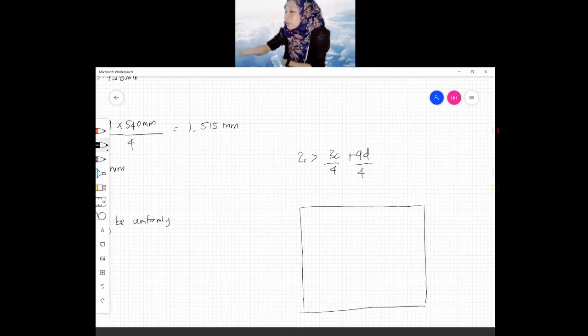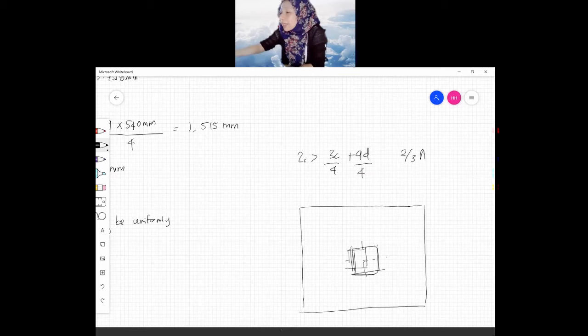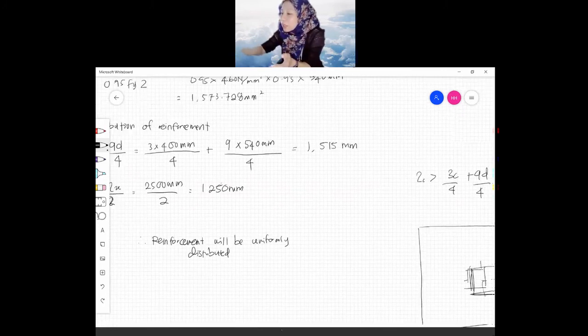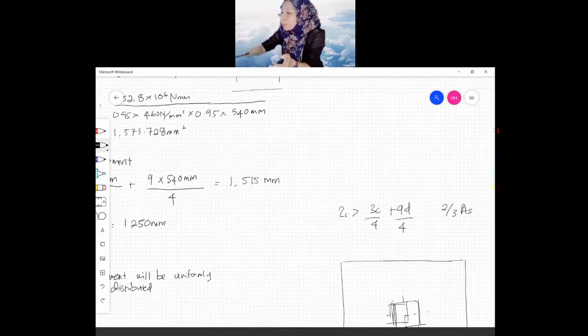Okay. So you have this, this is the top view of the column. It should be the center. Okay. 2/3 of the required reinforcement, okay, 2/3 means 2/3 of the AS you will provide, the required AS you calculated, which is the 1573 as required AS.